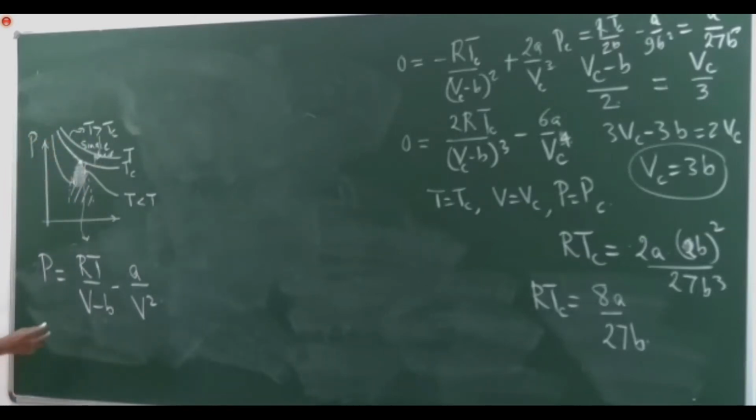So isotherms are going to look like PV equal to constant. So that's what's going to happen over there.